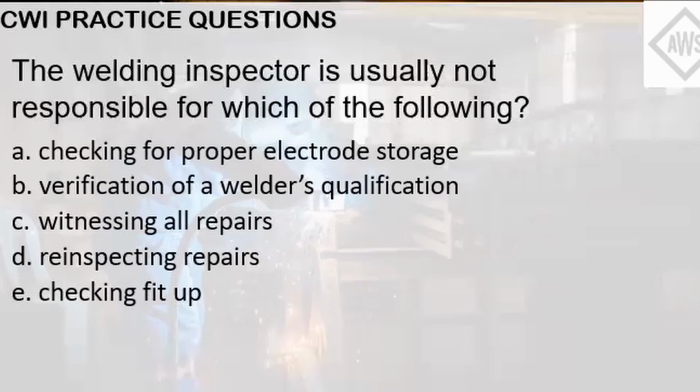Checking fit-up prior to starting a root pass is a common hold point that the inspector usually does to accomplish the inspection and test plan. Hence, the answer here is letter C, witnessing all repairs. It is not common for the welding inspector to be responsible for witnessing all the repairs done.